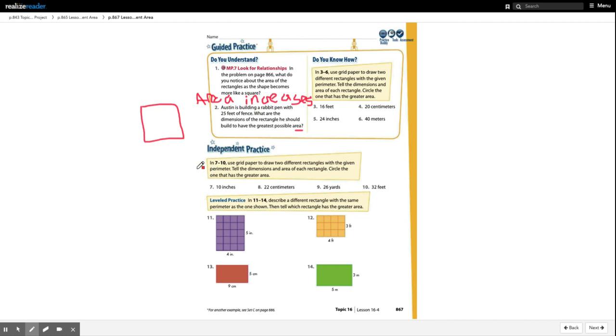If you're thinking 5 feet times 5 feet, you're right, because 5 times 5 gives us 25. So then our answer would be 5 feet by 5 feet.